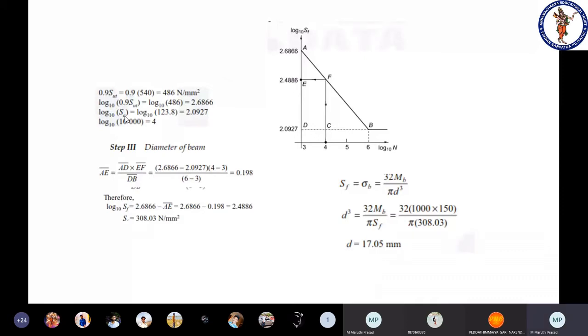Now let us go for problems corresponding to infinite life. These problems are very, very simple because, as we have already seen, failure occurs whenever the stress amplitude reaches the endurance strength. There we get the failure of that particular component under infinite life.